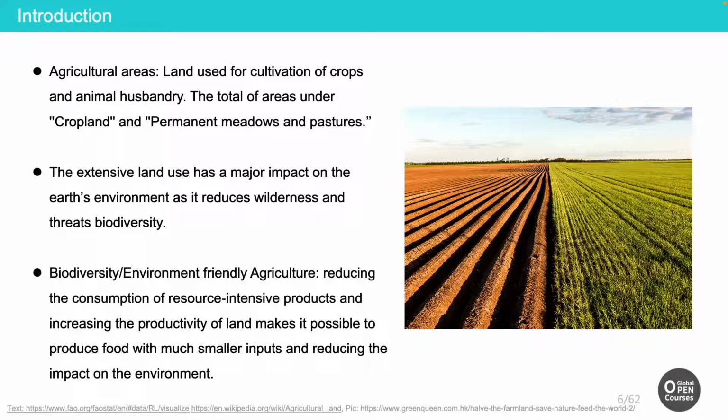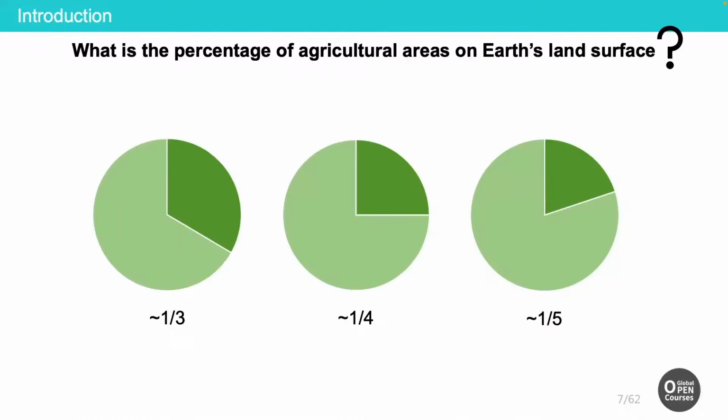Therefore, reducing the consumption of resource-intensive products and increasing the productivity of land makes it possible to produce food with much smaller inputs and reduce the impact on the environment. That requires biodiversity-friendly agriculture.